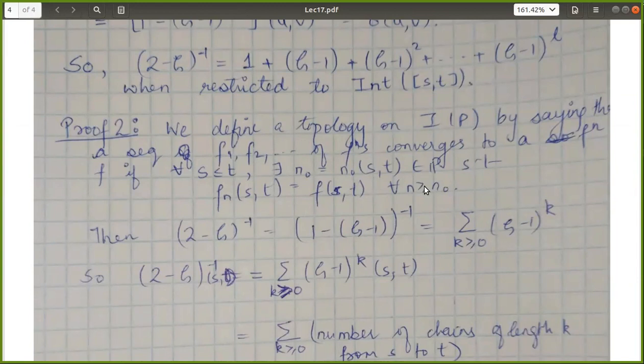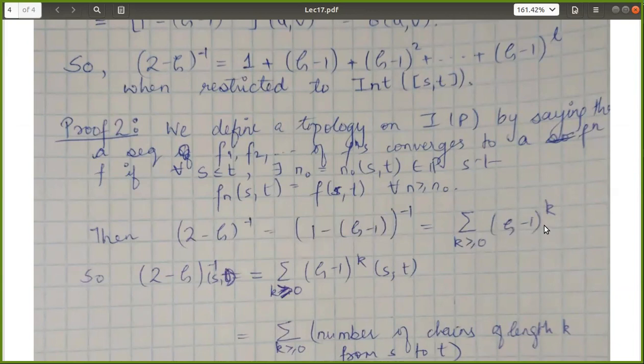If this is the topology I work with, then you again start manipulating this 2 minus zeta inverse and write it as 1 minus zeta minus 1 inverse. If you consider this zeta minus 1 just as a variable, we know that this has a series expansion in this format. This also we have seen before.